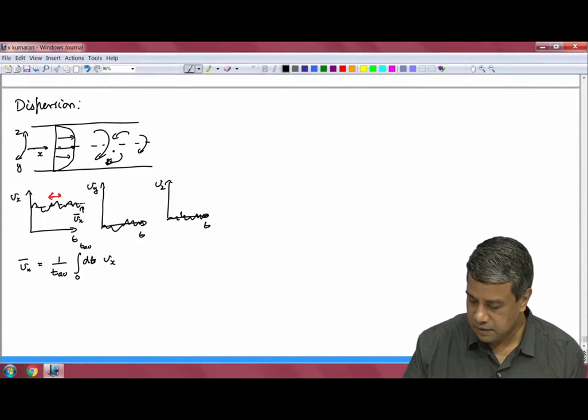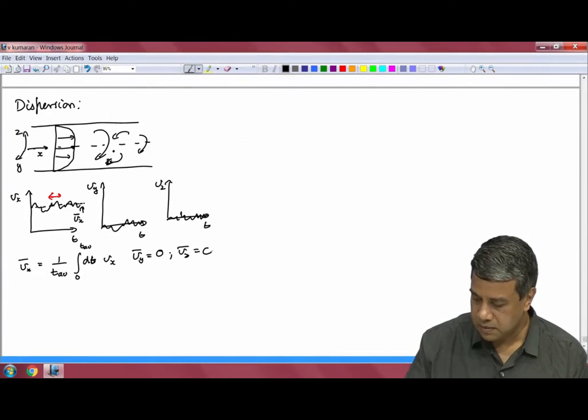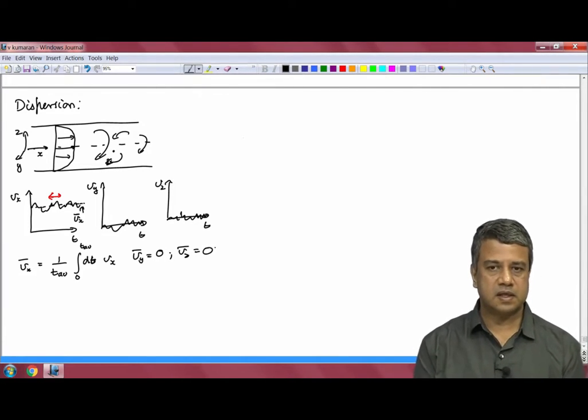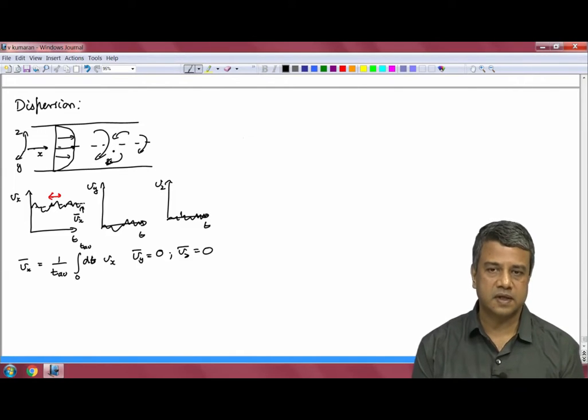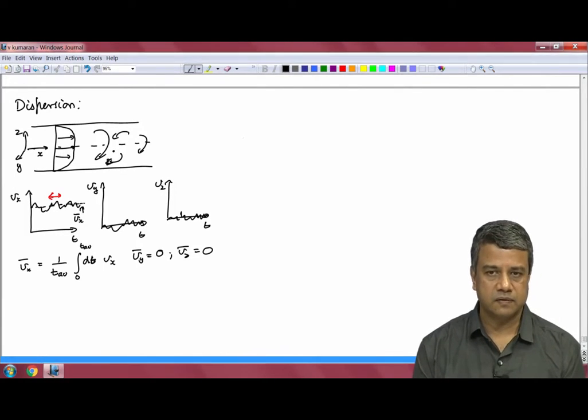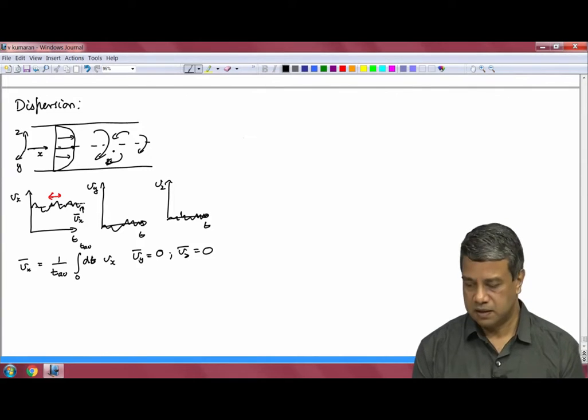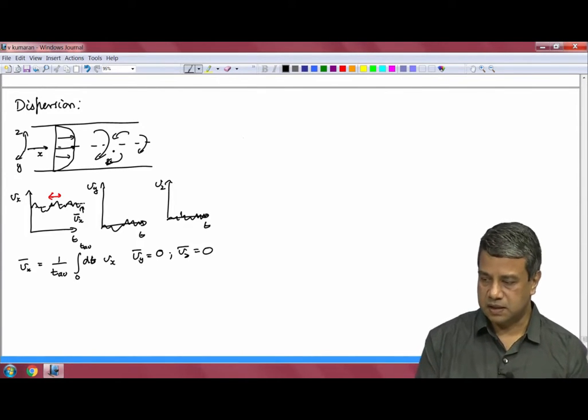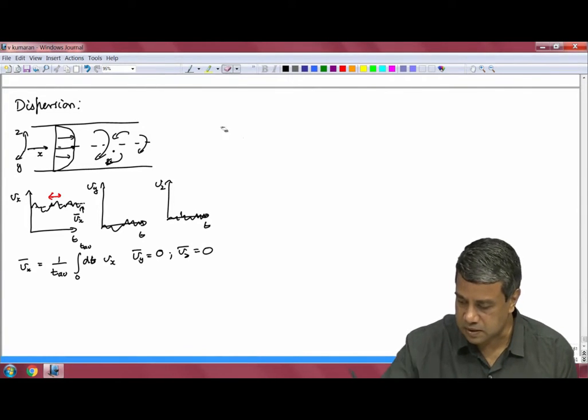And if I take Vy and Vz average, both of these will be 0, because at that particular location the flow is on average in the x direction. There is no average flow perpendicular to the flow direction. Because of that, the average of Vy and the average of Vz will both be 0.